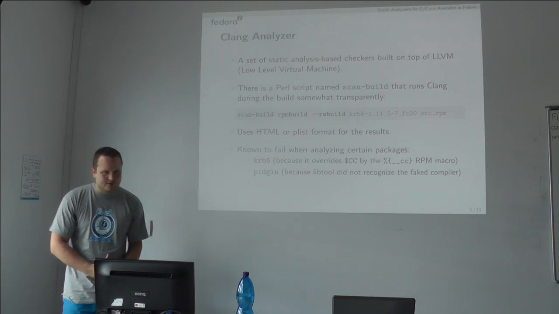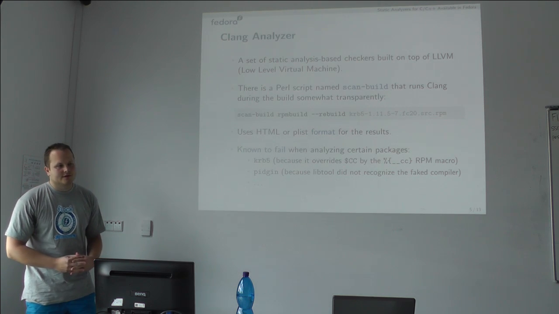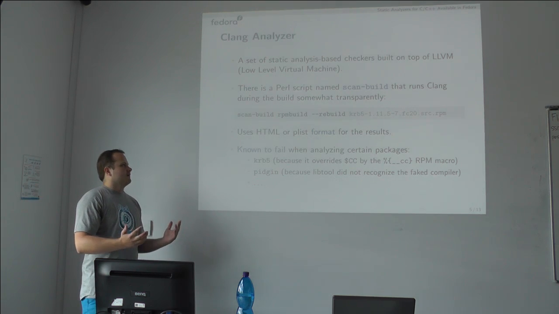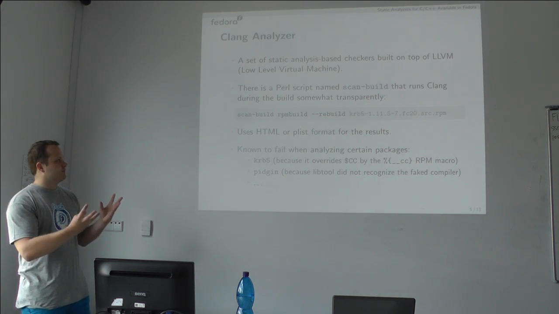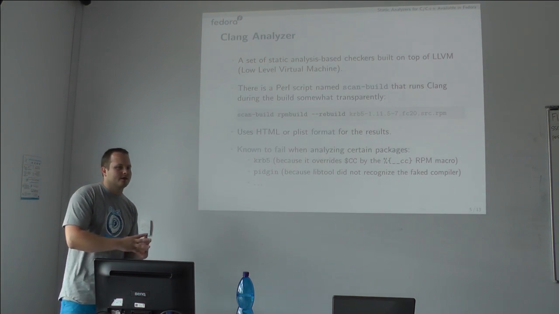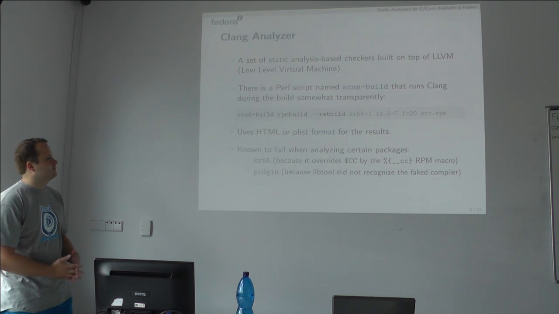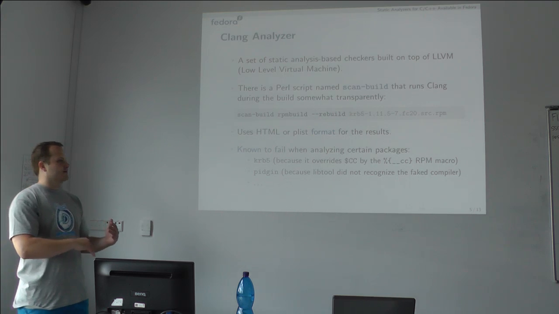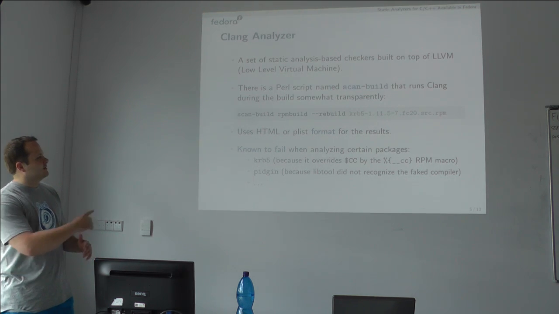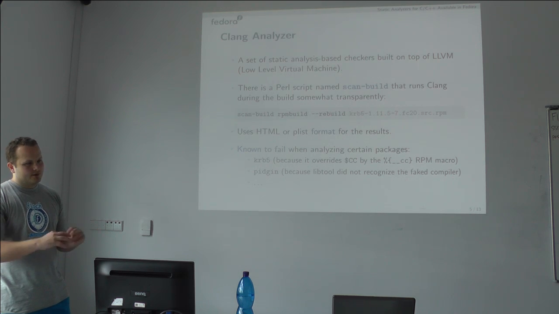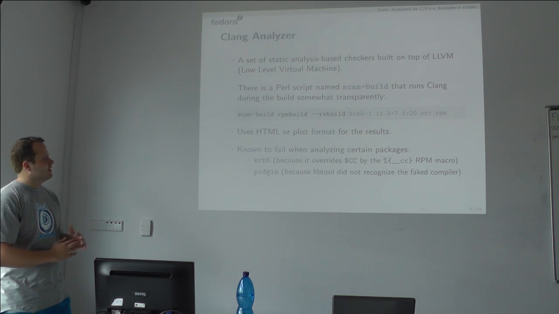And for this purpose, Clang provides a Perl script named scan-build, which takes care of all of this. It provides its own compiler wrapper, which runs Clang transparently to the compiler and gives us the result. For example, you can just prefix the rpmbuild command with this wrapper and get the result.